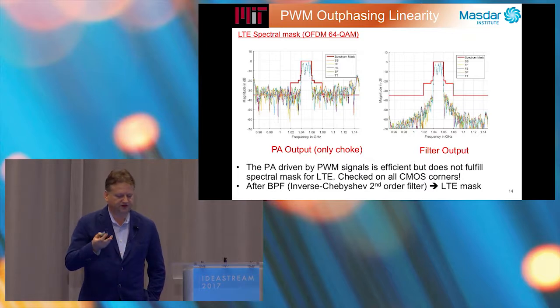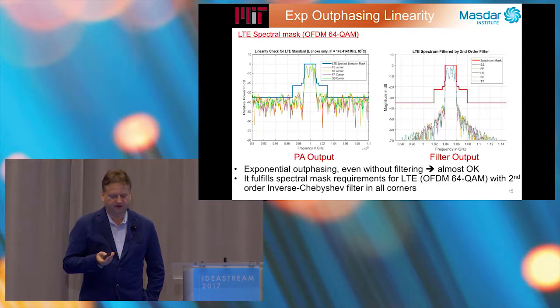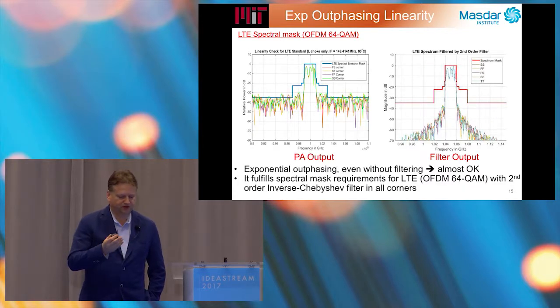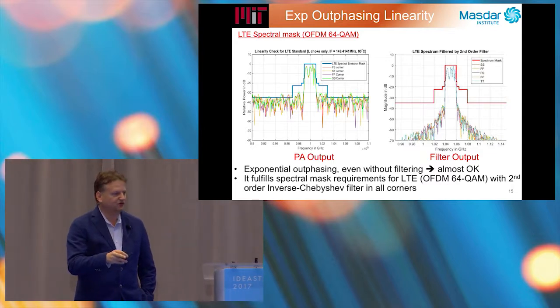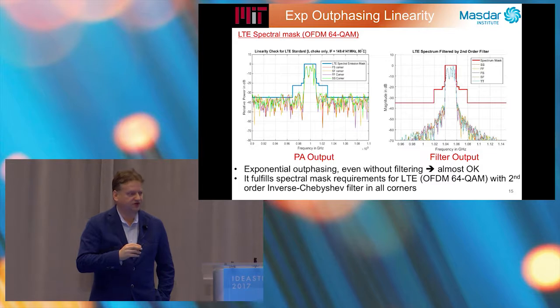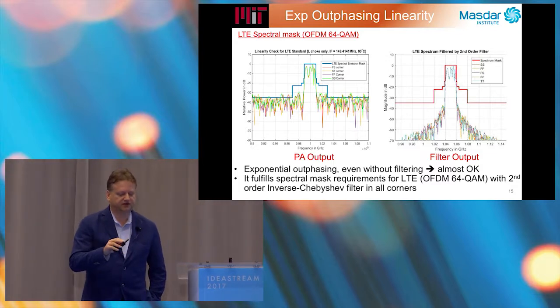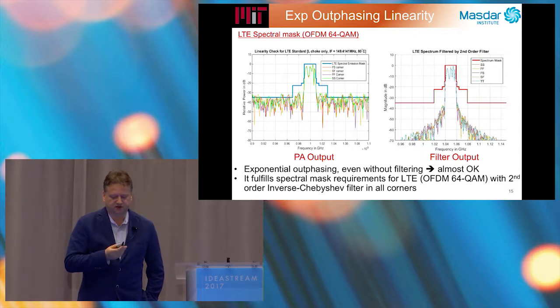As you can see, the PWM signals are efficient, but they do not fulfill the spectrum mask for LTE. However, when we look at exponential outphasing, we have the output of the PA without filtering, an almost okay spectrum. We are violating the spectrum here and there, but after filtering we fulfill the spectrum mask requirements for LTE.